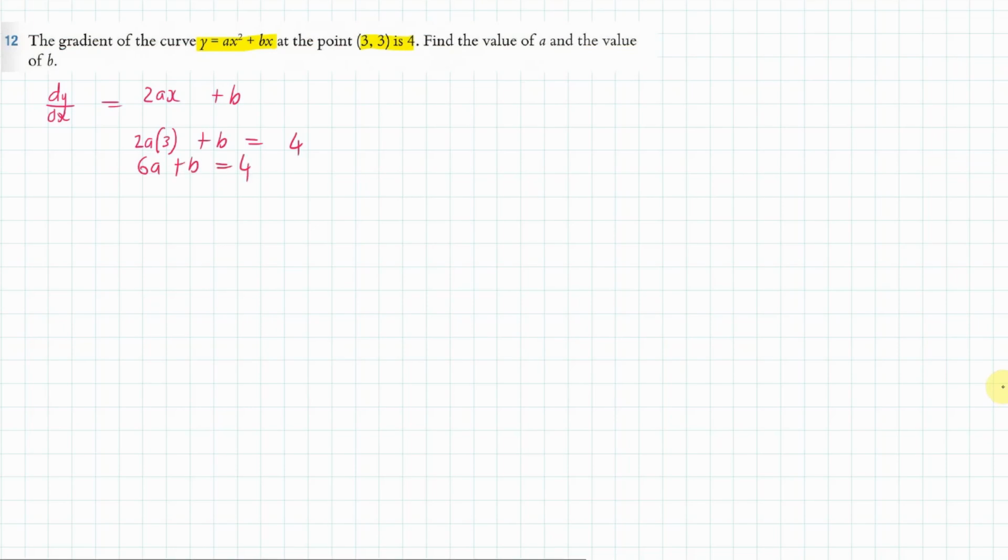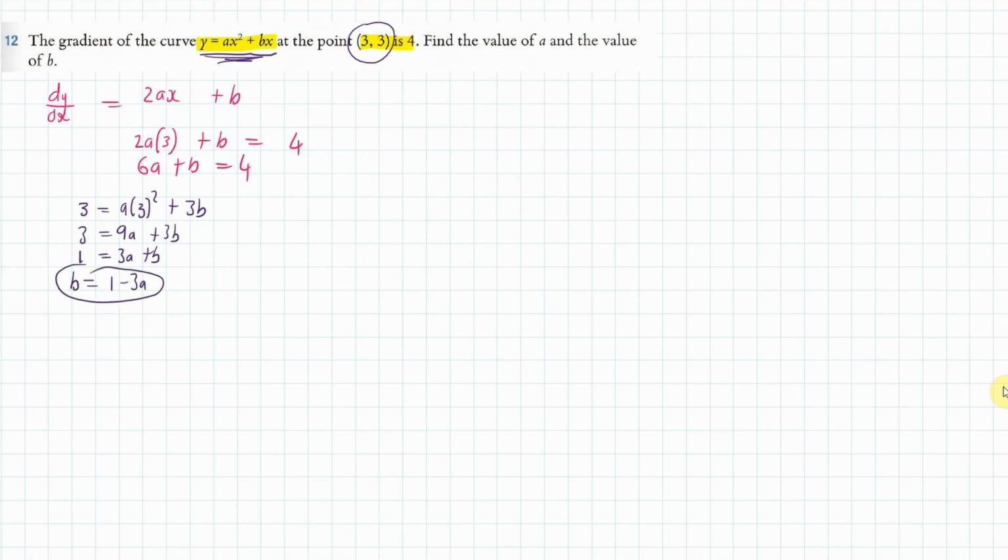Now there's one other equation that we can do. We know this is a point on the curve, so we can go and use this equation here. So y, which is 3, equals a times x value, 3 squared, plus 3b. So we get 3 equals 9a plus 3b, and we can just divide everything out by 3, so 1 equals 3a plus b, and therefore b is equal to 1 minus 3a.